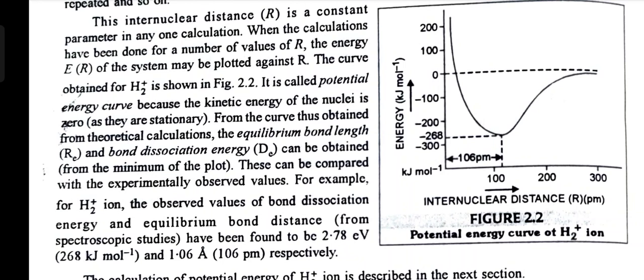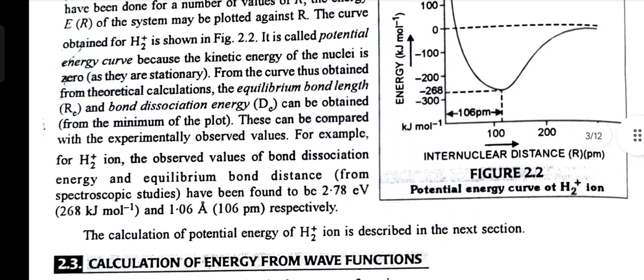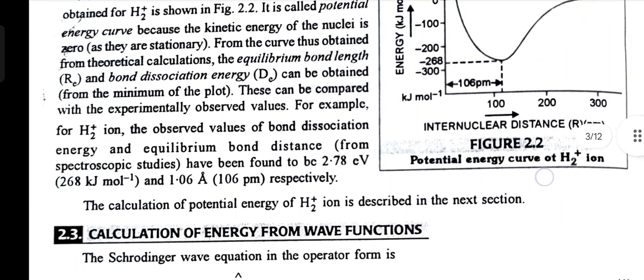These can be compared with experimentally observed values. For example, for the H2+ ion, the observed values of bond dissociation energy and equilibrium bond distance have been found to be 2.78 electron volt and 1.06 angstrom respectively. The calculation of potential energy of the H2+ ion is described in the next section.